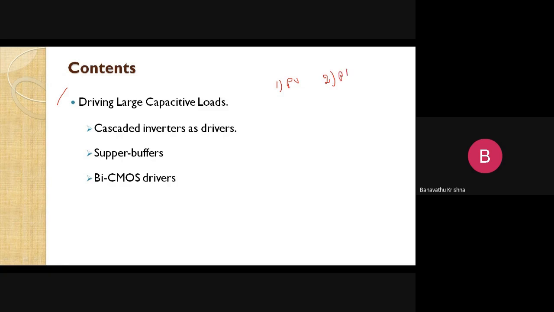I want to maintain these two devices as a low resistance path. Then only it is easy to charge or discharge from on chip to off chip.